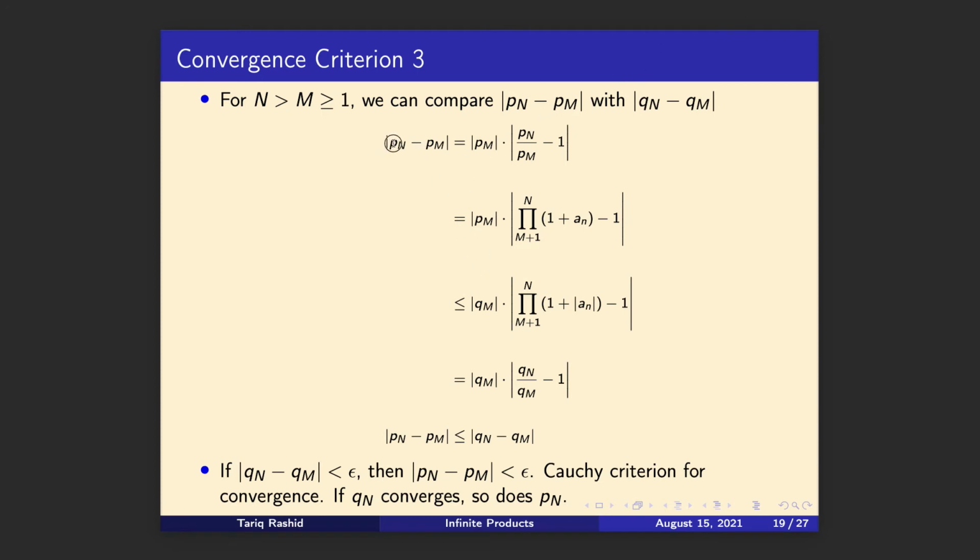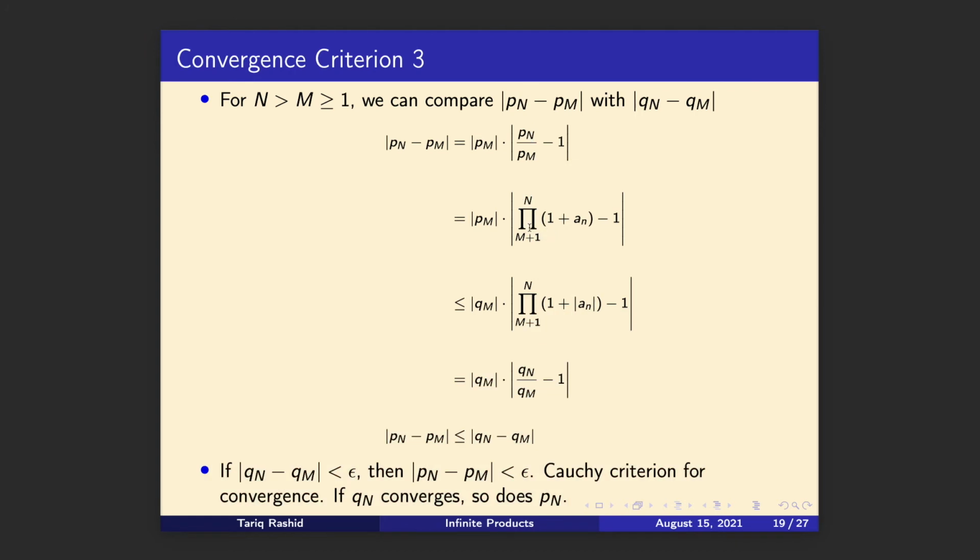So the magnitude of Pn minus Pm, we can rewrite that expression as Pm times the magnitude of Pn over Pm minus 1. And this is useful, that's why we've done it, because that's the product of 1 plus an from m plus 1 to n. Because these are partial products, remember, so it's dividing by the first m, but leaving the factors from m plus 1 to n.